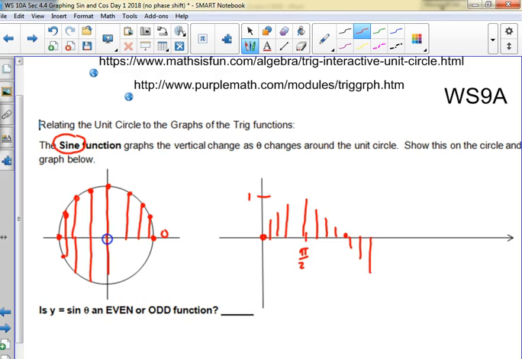All right, eventually, what does the y value go down as far as? -1. And where is that at in radians? Do you know what that is in radians? 3 pi over 2, right? This is pi, right?